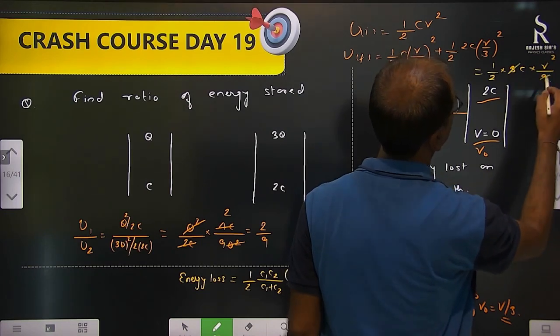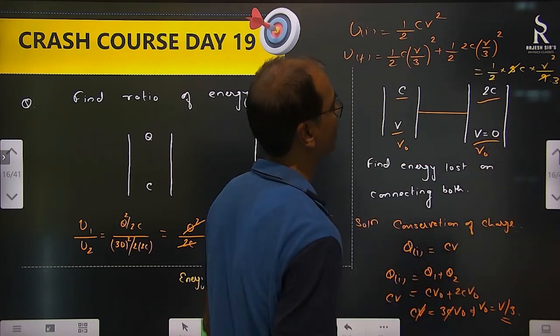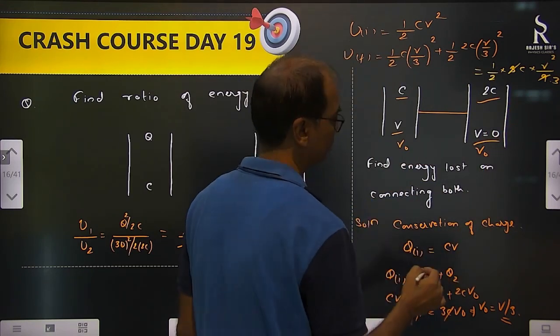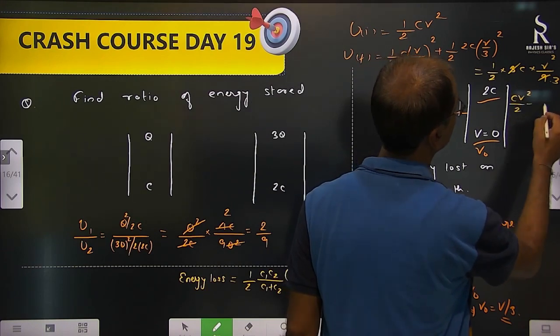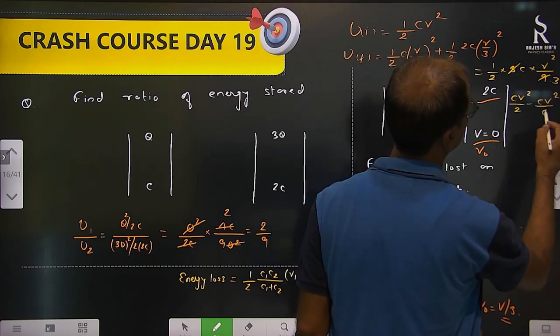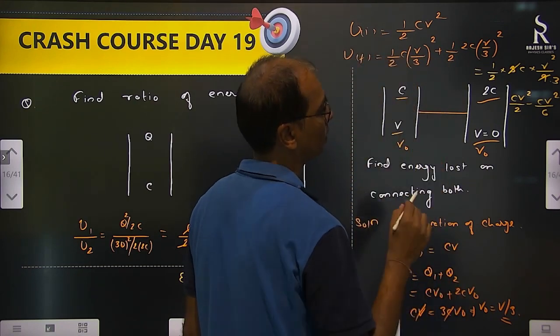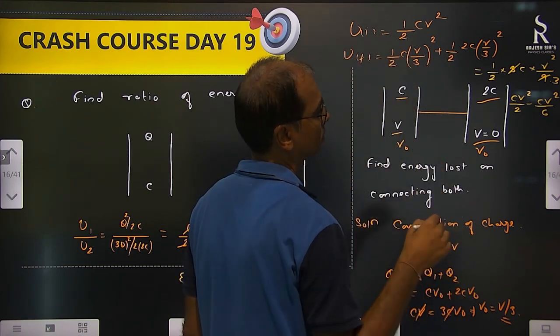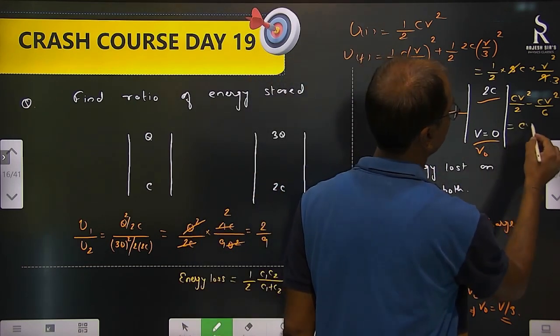So we get CV square by 2 and CV square by 6. So loss will be CV square by 2 minus CV square by 6. CV square by 3 will be the loss.